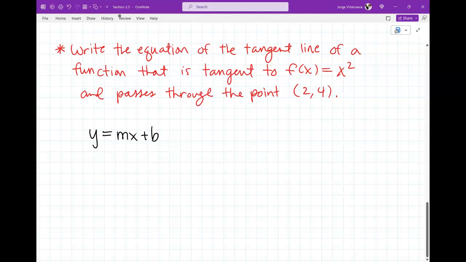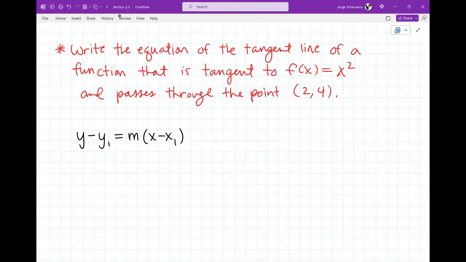I guess it doesn't have to be that. You guys remember point slope form? A little bit more common. y minus y1 is equal to m times x minus x1. That one's a little bit easier to start with.